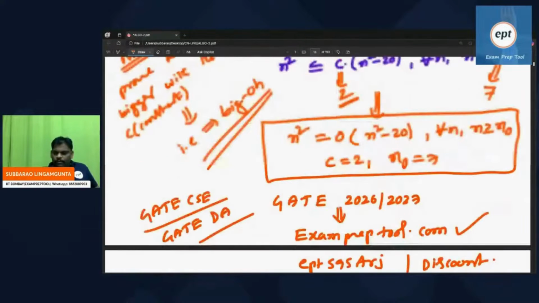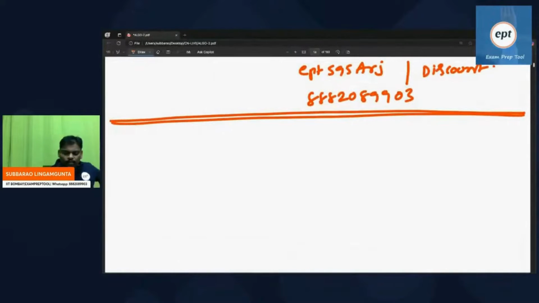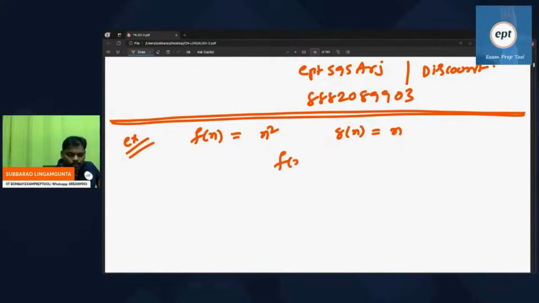Yeah, perfect. Now let's move to the next one. One more problem. f(n) is equal to n square, g(n) is equal to n. Then I want to prove f(n) is big O of g(n).